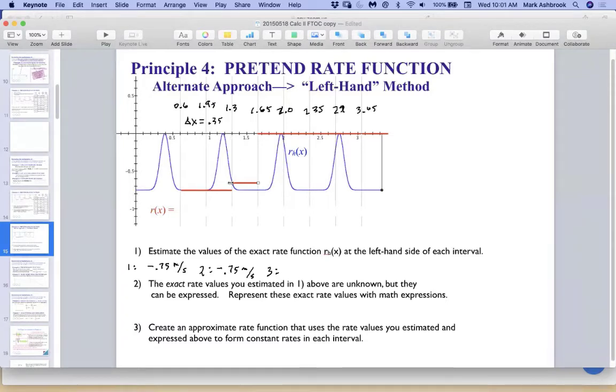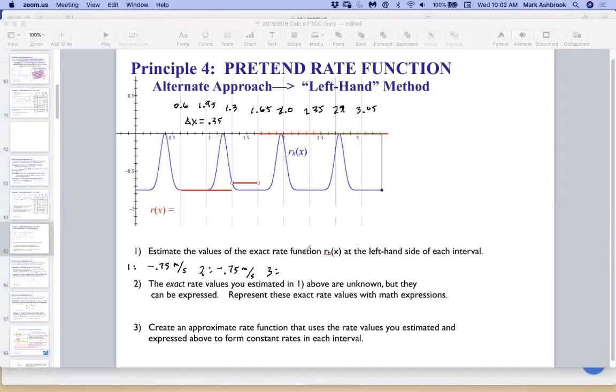So we're not taking into account any of the values in the interval because we're using a left-hand method. Yes, good point. We're just taking the exact rate at the beginning of the interval. That's the only rate we look at, and then we let that be the rate for the whole interval. Does that make sense? Yep. Okay.